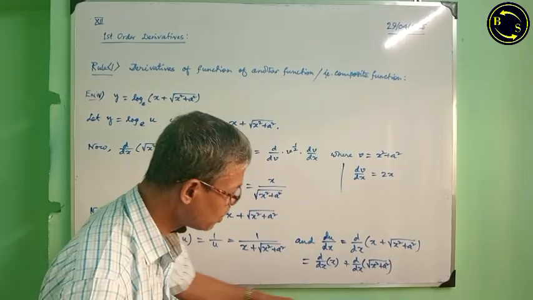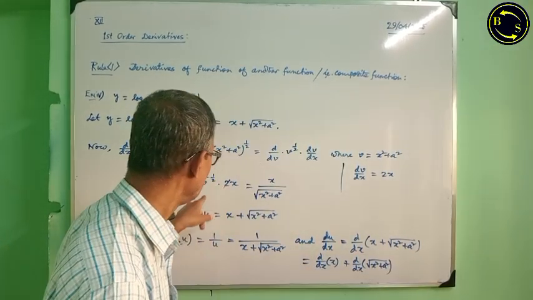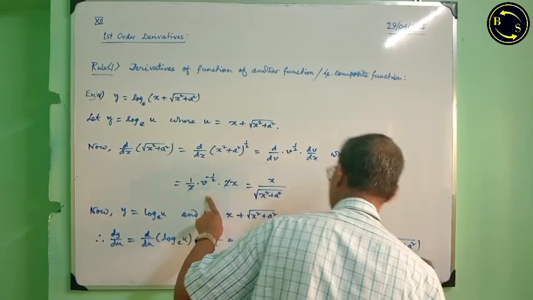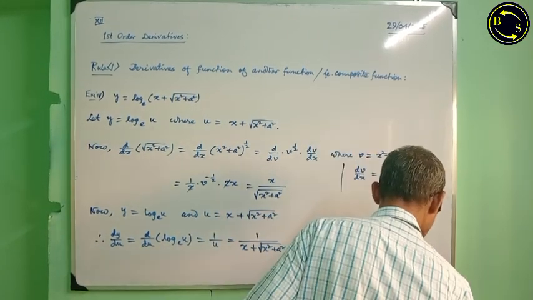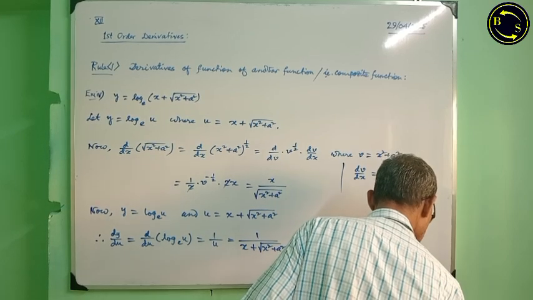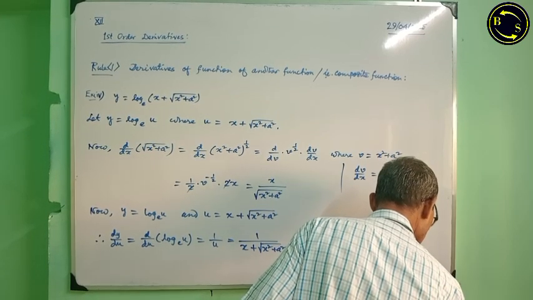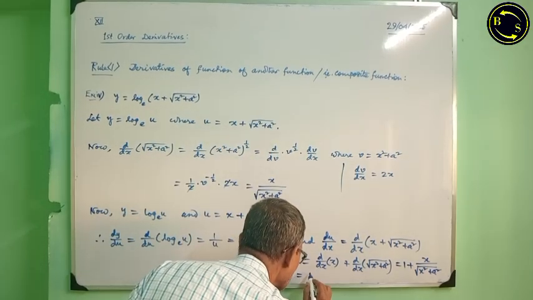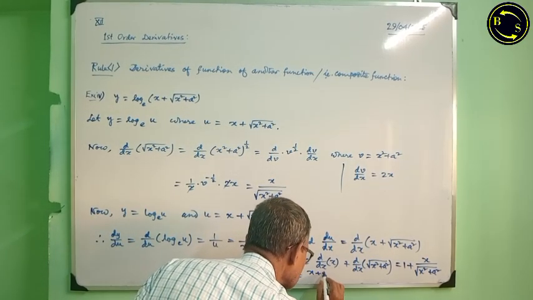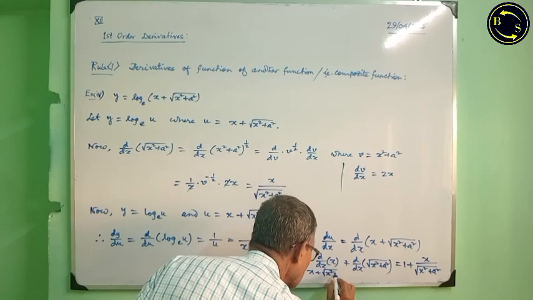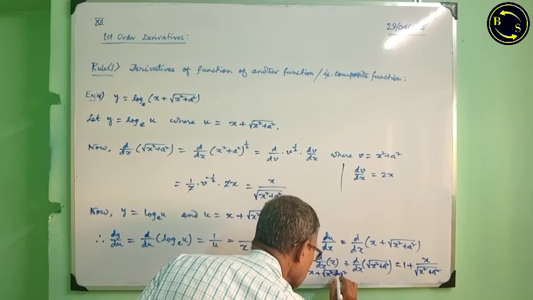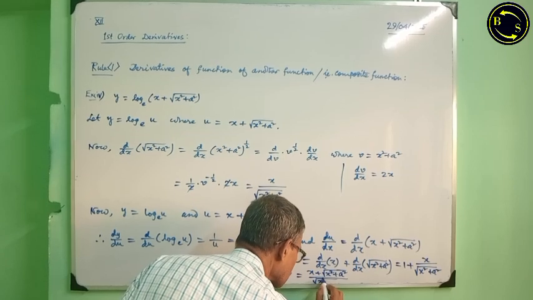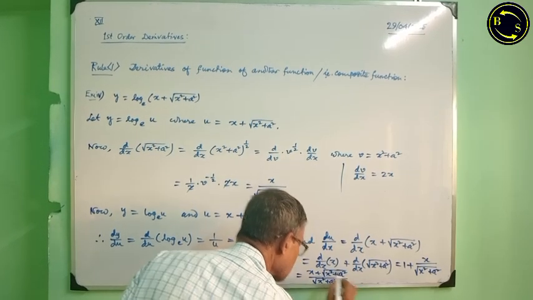Already we have got the derivative of this. Here I have found it will be equal to 1 plus x by root over x square plus a square. On simplification, it will be numerator x plus root over x square plus a square by root over x square plus a square.